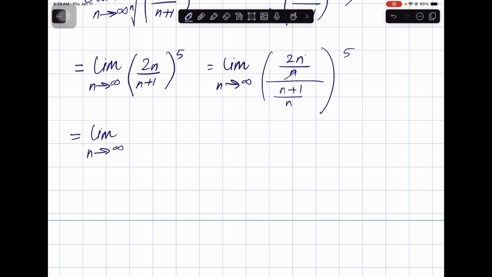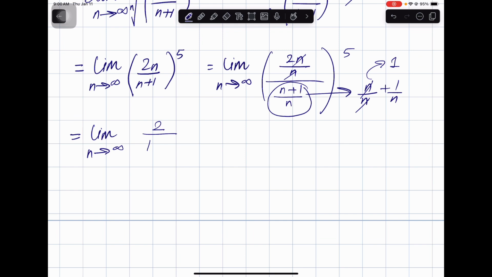You can do this because these things cancel each other regardless. So limit n tends to infinity, the n over here cancels this n, and if you split the denominator, then what you have is n over n plus 1 over n, right? N over n is 1.